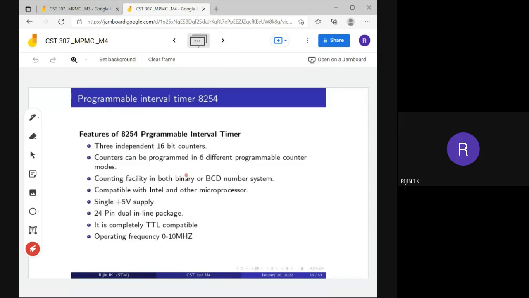Next, we can see the different features of this IC, the programmable interval timer.